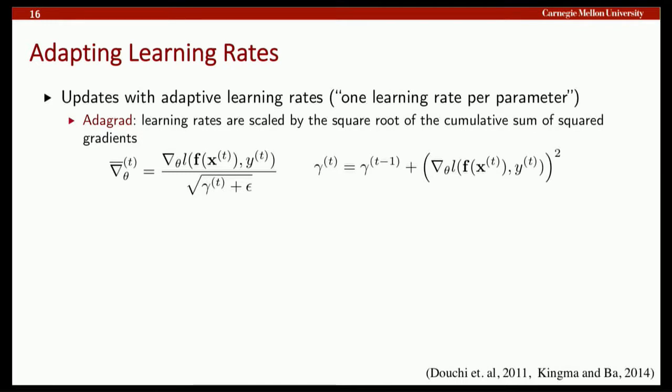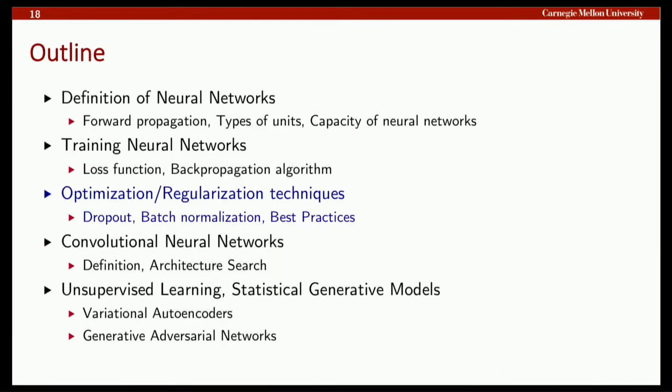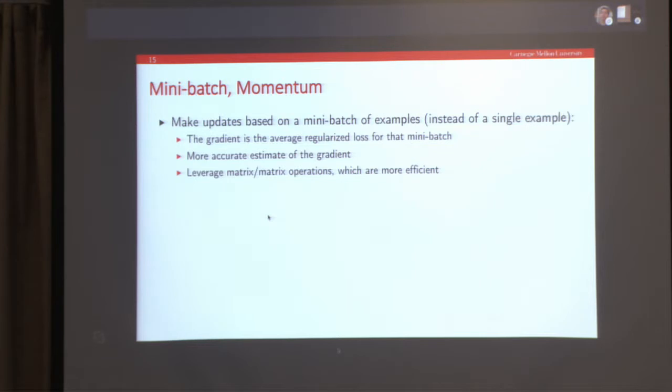It's a more accurate estimate of the gradient, but the reason why in practice people tend to use mini batches is because you can leverage matrix operations, particularly if you're using GPU compute, and leveraging matrix operations is much more efficient. So instead of taking one example or two examples, the compute is about the same as having 100 examples or 200 examples. So that's an important piece.